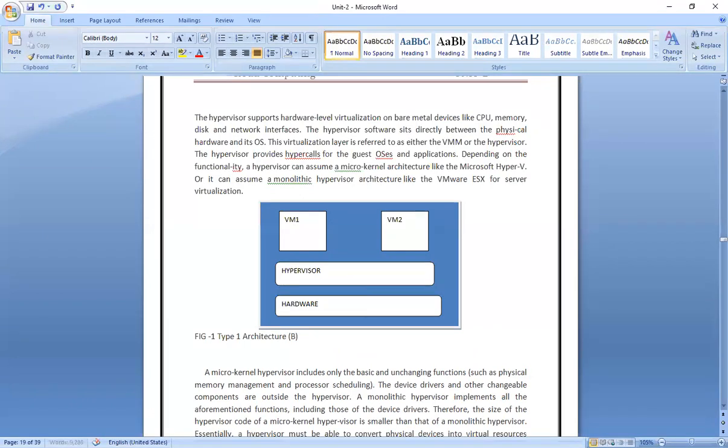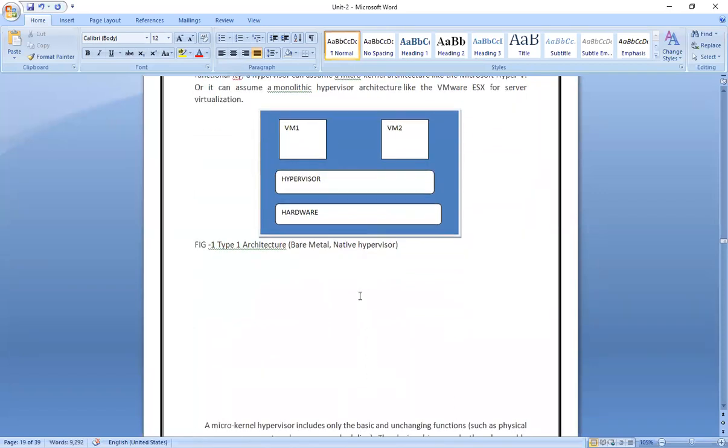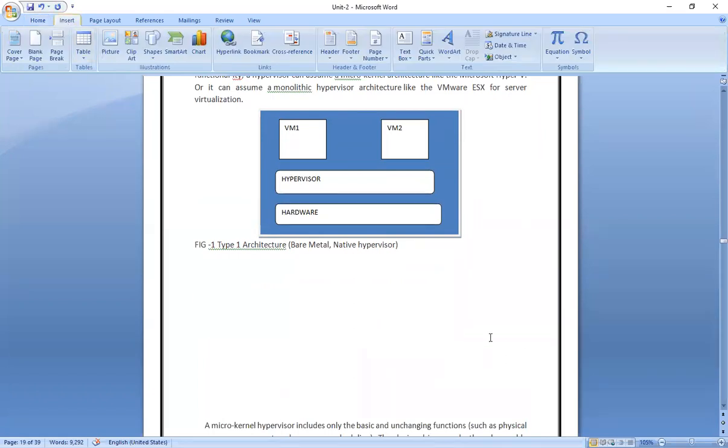And this is known as bare metal, or we can say that this is a native hypervisor. And अगर हम बात कर रहे हैं टाइप 2 hypervisor का, so suppose that this is our ecosystem, same concept, but one thing will now be changed.